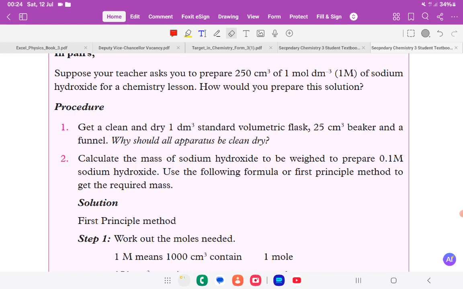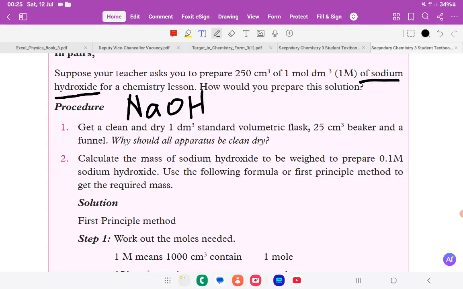All right, so once again, we are preparing a solution of sodium hydroxide. And you as a chemistry student need to know that sodium hydroxide is NaOH. Knowledge of the formula is important because it will help you to determine the relative formula mass from the periodic table or from any given data.